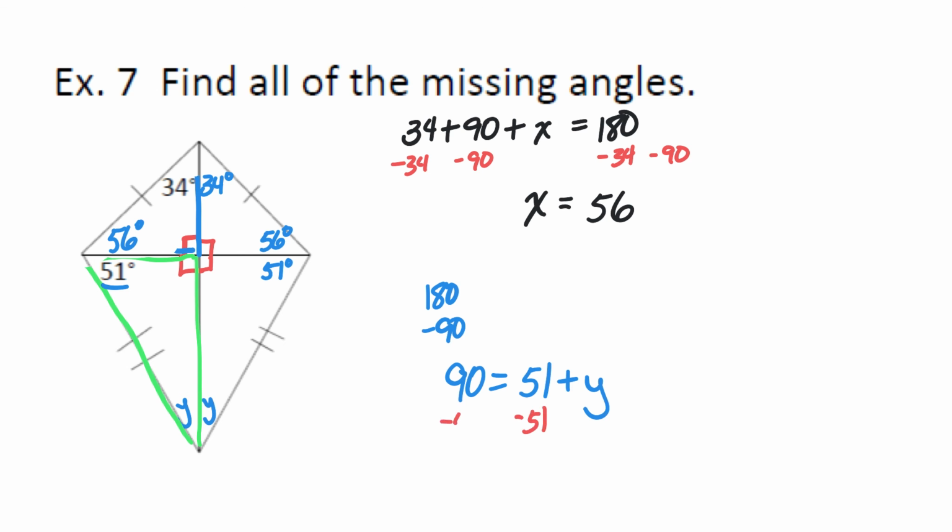And we learn that our angle Y is 39 degrees. So if this is 39 degrees, so is this one. And now we have established all of our missing angles.